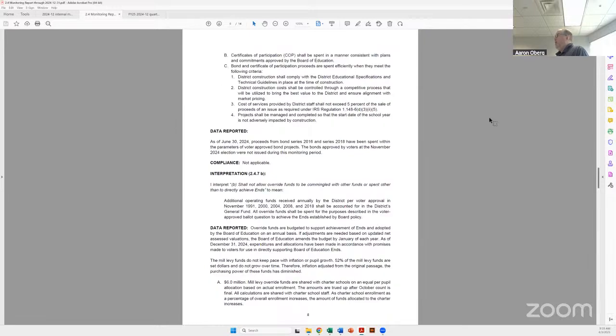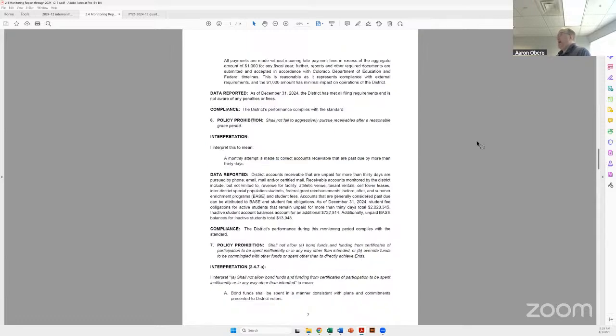But what you'll note is that, again, this particular one, proceeds of the bond being spent on allowable items, is the presentation that we will start receiving in upcoming months. And so you see, again, as I mentioned at the outset, that you see the majority of these policies in our work throughout the year.